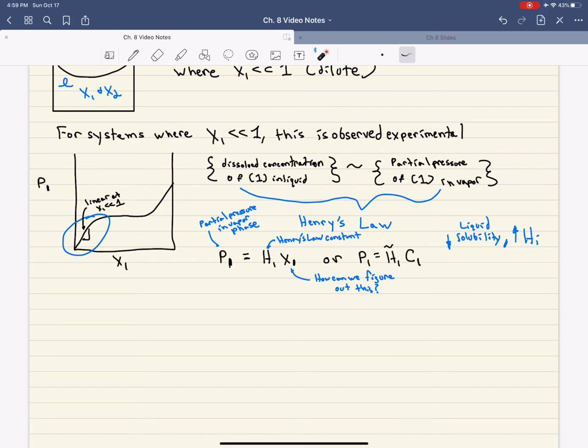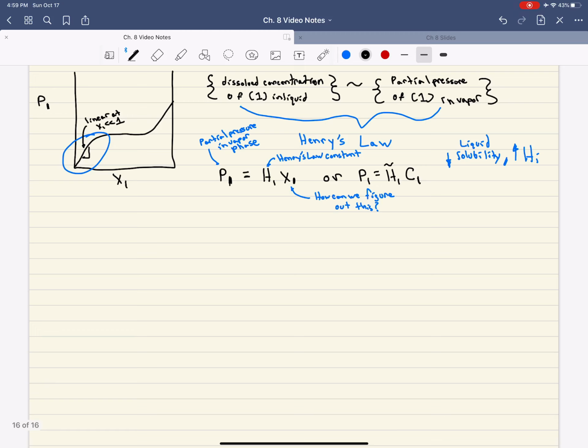So how can we figure out what x1 is? To figure it out, we could apply our equilibrium criteria and figure out x1 by equilibrium criteria.